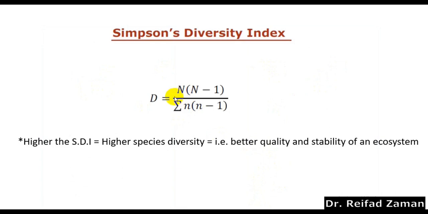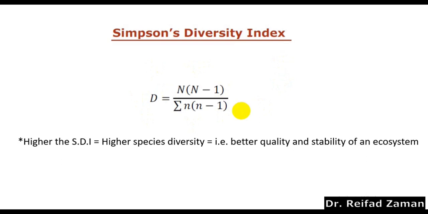We can crack the puzzle by using the formula for Simpson's Diversity Index, and here is the formula. Now bear with me. I know it looks a bit difficult, but let me try to explain it. But first, you have to understand one thing.